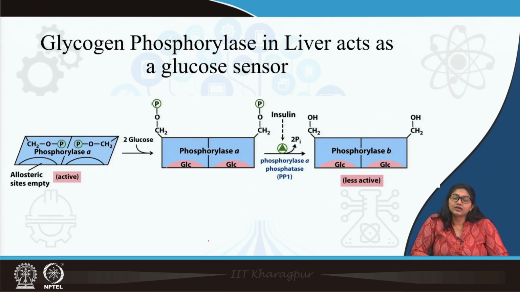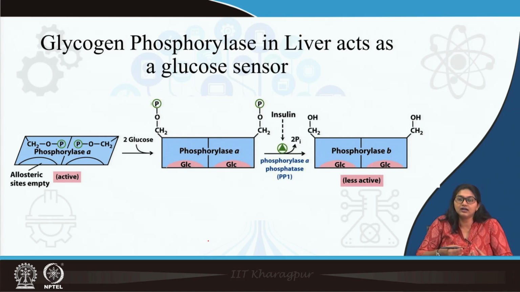Basically, when there is glycogen breakdown, that means there is a low blood glucose level, and that low blood glucose level has been sensed by glucagon. Glucagon activates glycogen phosphorylase. Glycogen phosphorylase starts to break the glycogen molecules. So, there is formation of glucose, and that glucose is released in circulation.